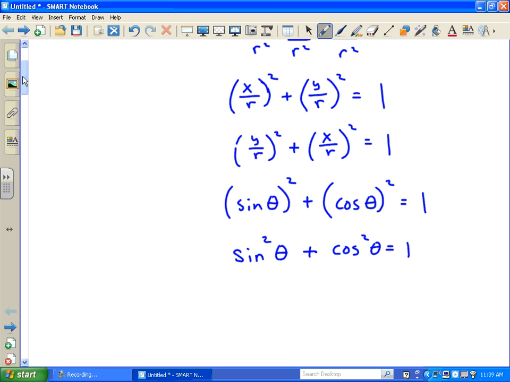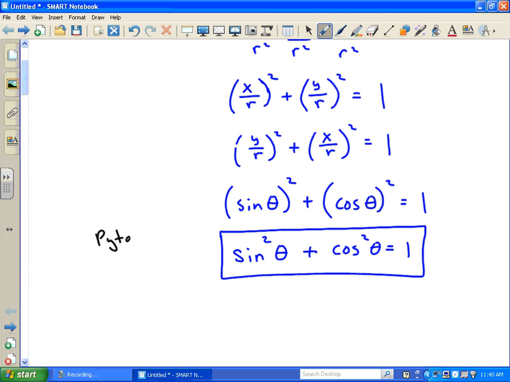Now, this is the first of 3 Pythagorean identities for my trig functions. So in other words, here I've established an identity that sine squared plus cosine squared is always equal to 1. So I'm going to call this my Pythagorean identity number 1.